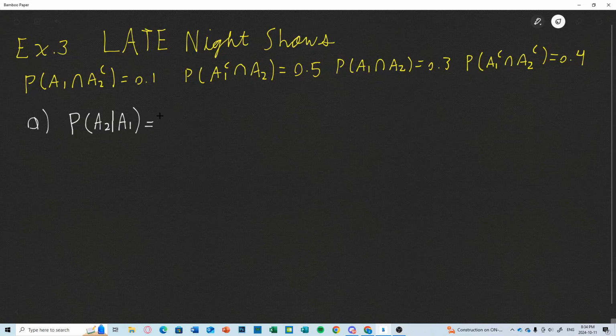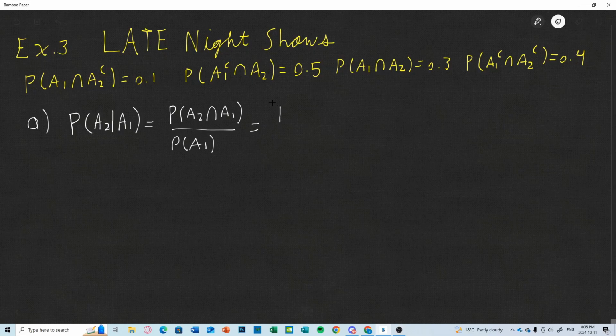That means we're looking for the conditional probability of A2 given A1, which is the probability of A2 and A1 divided by just A1. We're going to use one of our formulas from before, since we have all of these above to work with.